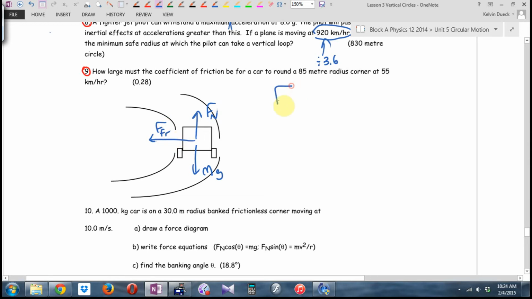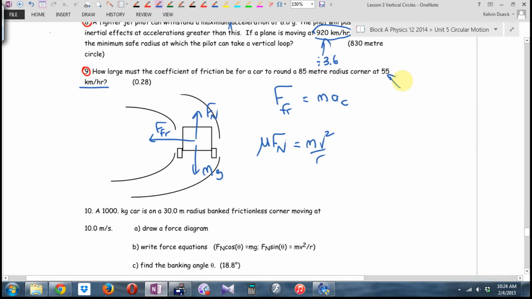So, friction equals mac. That's the winner. Mu times the normal force equals, and I saw they gave me a speed, so I'm going to use v squared over r. You caught it was kilometers per hour, so you divided this by 3.6. I don't know the normal force. Oh, but look.